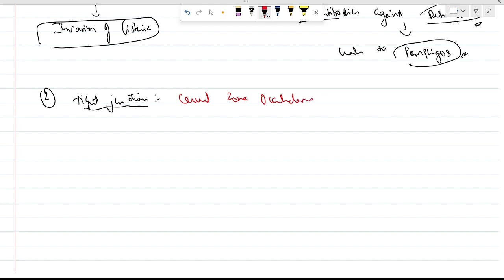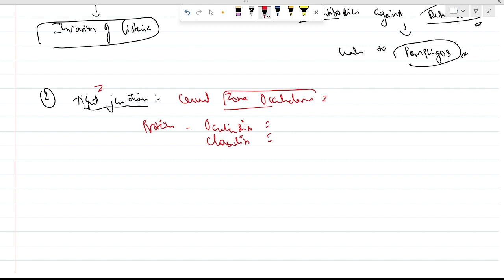The first cell to cell adhesion is called zona adherens; this tight junction is called zona occludens. The proteins involved here are occludin, very simple, and claudin protein, involved in the tight junctions called zona occludens.